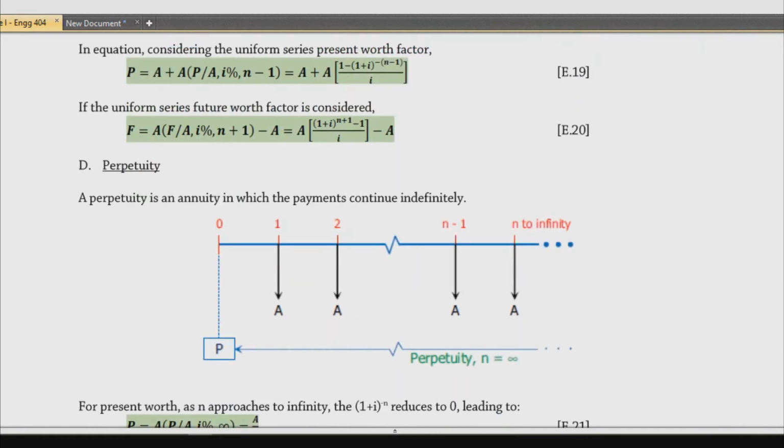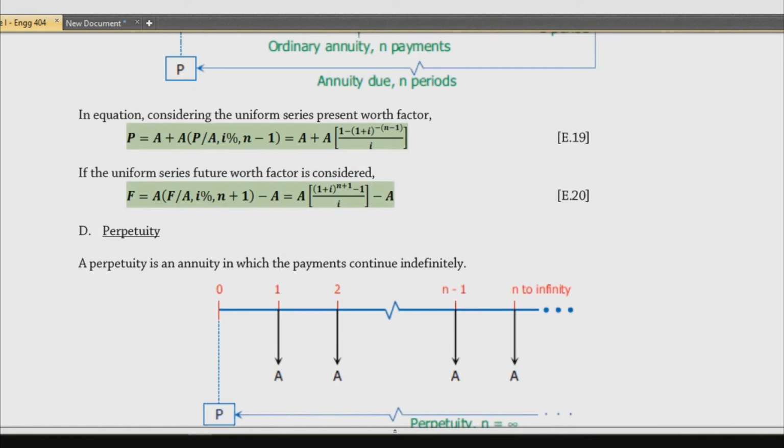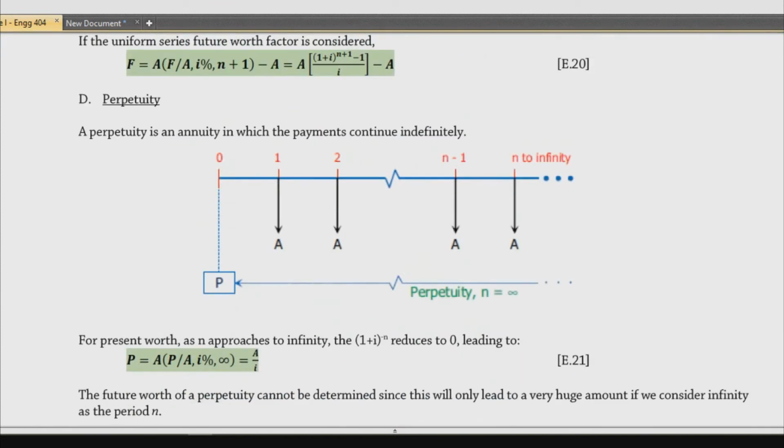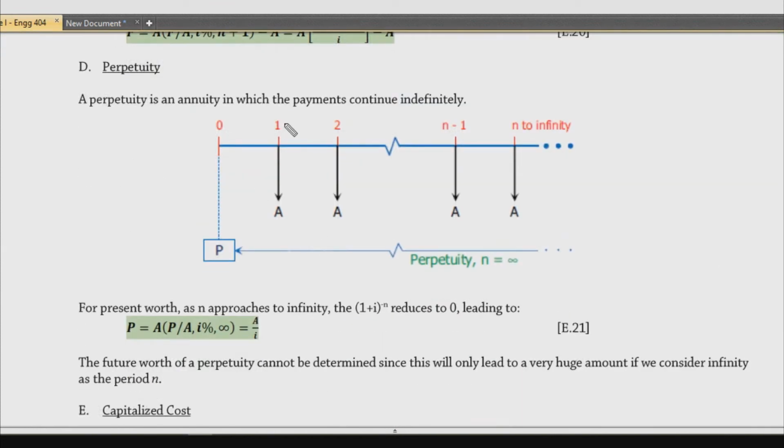Now, there is another type of annuity which is a special type. So, we call this the perpetuity. So, if your annuity is paid indefinitely, so for example, halimbawa, meron kang plan, let's say life insurance, and then yung payment mo is you will pay for the rest of your life, ganun, hanggat buhay ka.